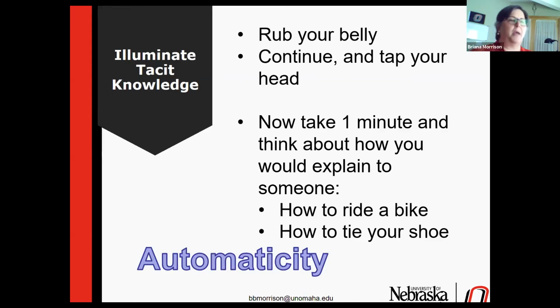You don't think about tying your shoes, and you don't think about riding a bike. You don't think about driving a car. It just becomes automatic once you've crossed a certain threshold and you become so proficient at it. Your brain no longer actually has to work at thinking about it. It just becomes automatic to do, right?